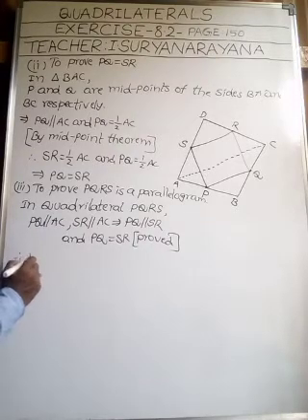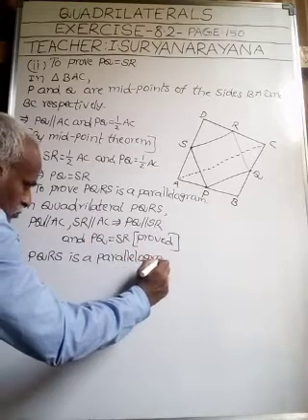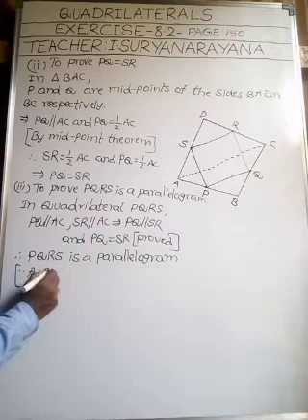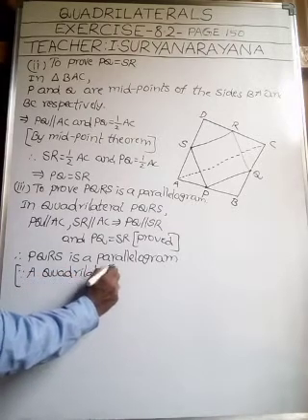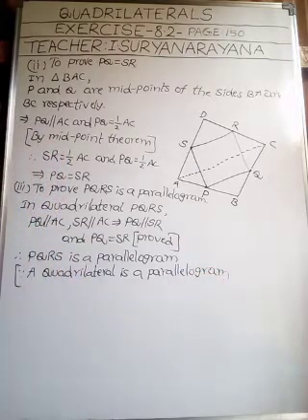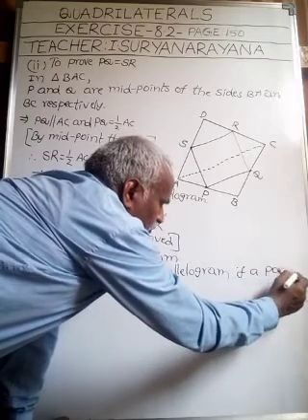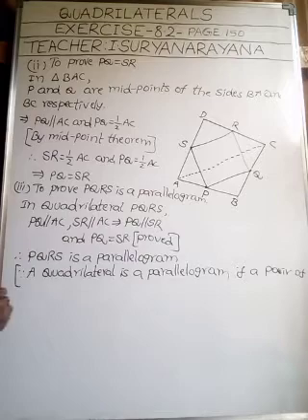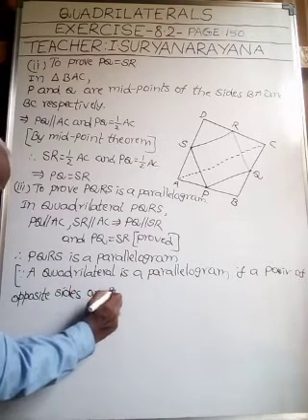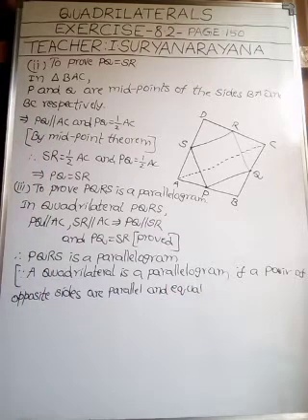Therefore, PQRS is a parallelogram because a quadrilateral is a parallelogram if a pair of opposite sides are parallel and equal to each other.